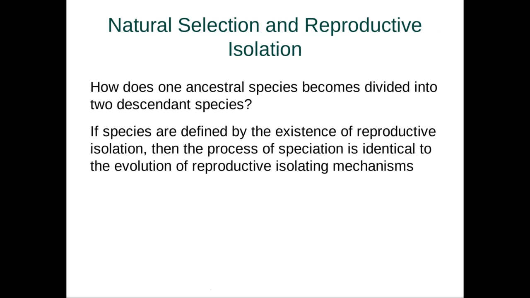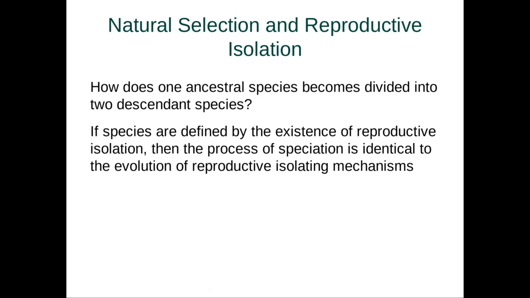Which might lead us to thinking, well, maybe natural selection has a root in reproductive isolation. So we can ask the question, how does one ancestral species become divided into two descendant species? Well, we can answer this question, but the first thing I'd like to state is that potentially if one species is defined by the existence of reproductive isolation, then the process of speciation is identical to the evolution of reproductive isolating mechanisms.